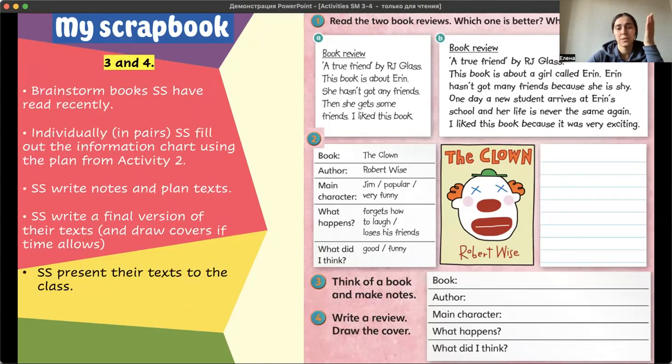With exercises 3 and 4, we can ask them to work individually or in pairs. So this year I asked them to work in pairs, and they chose one book that they both read and liked, and they wrote a short plan in their books, and then they wrote texts in their notebooks, and then they presented their text.